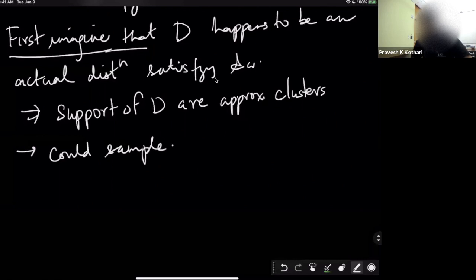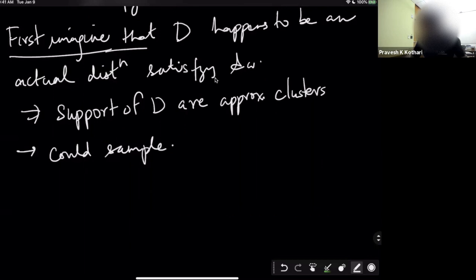But in our world, we actually don't get access to the distribution D. In fact, we don't even get a distribution D. But even if we had a distribution D, we don't get access to all of D. We only have low degree moments of D. We can only compute expectations of low degree polynomials on the distribution D. We can't quite sample from it because we don't know what happens to the distribution. We don't even know what expectations are for higher degree polynomials.